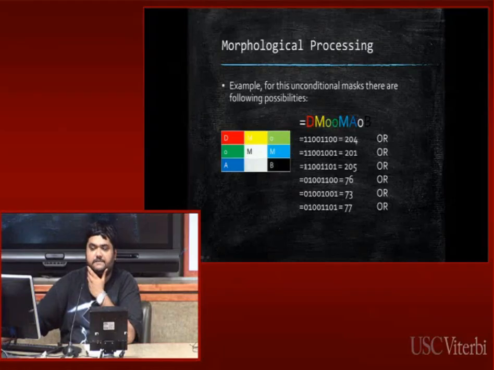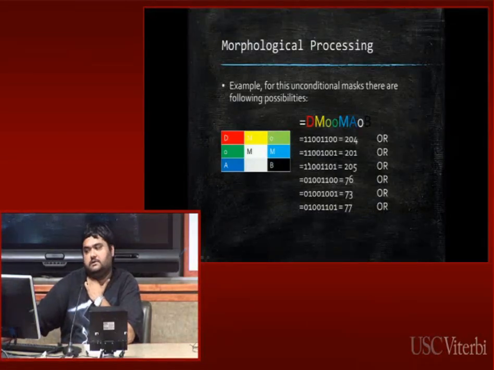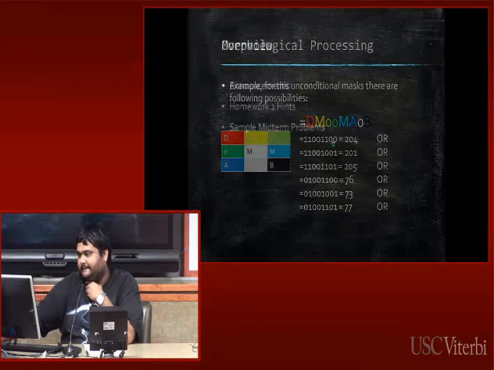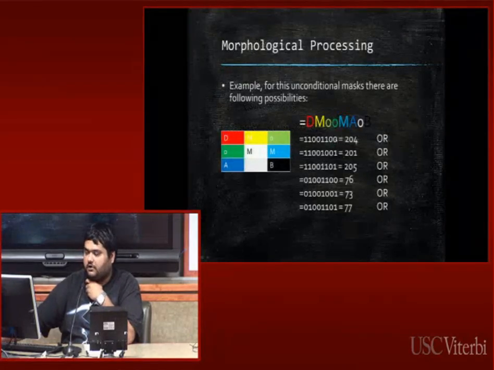So all the 3 possibilities have been covered, right? D, 1, 1, 1, D, zeros, and the combinations of M. How many possibilities for M? 1 everywhere. Why? Because if it's not 1, then you don't process it, right? So M is 1, and you ignore the center pixel, and then zeros as it is, A and B, all possible combinations. The only combination which would not be here would be both zeros, right? And this would be an OR operation, right?